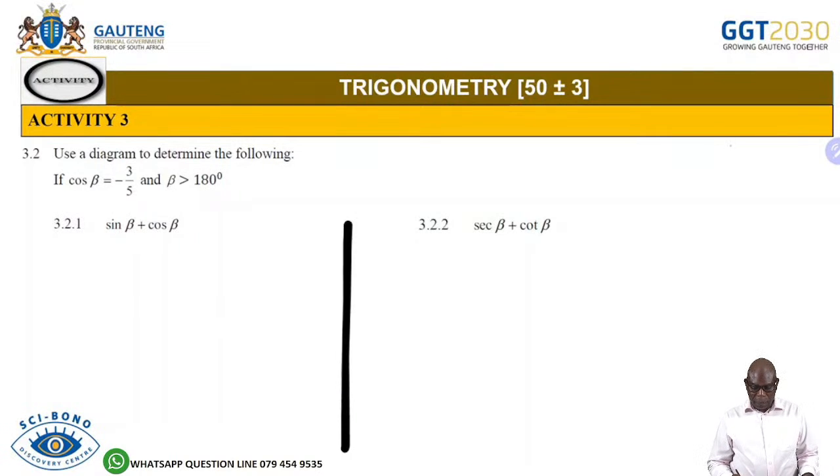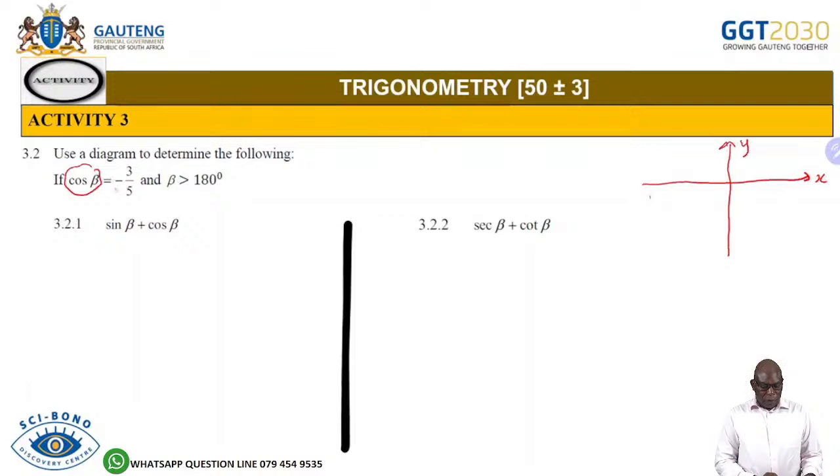So I'm going to try to draw it here. This is my y-axis, this is my x-axis. The cos value here is a negative value: cos is negative 3 over 5. So if I use my cast diagram, what do I know then?